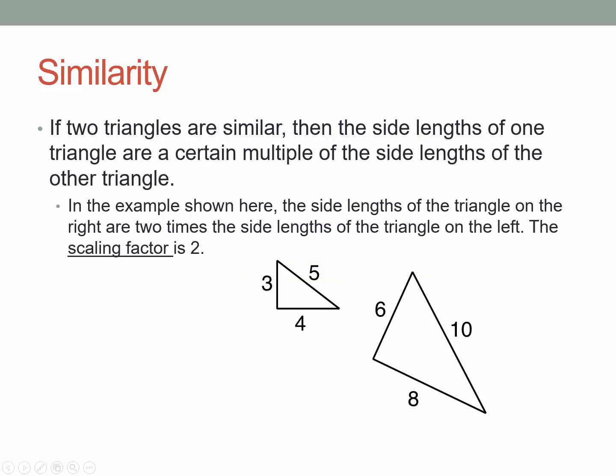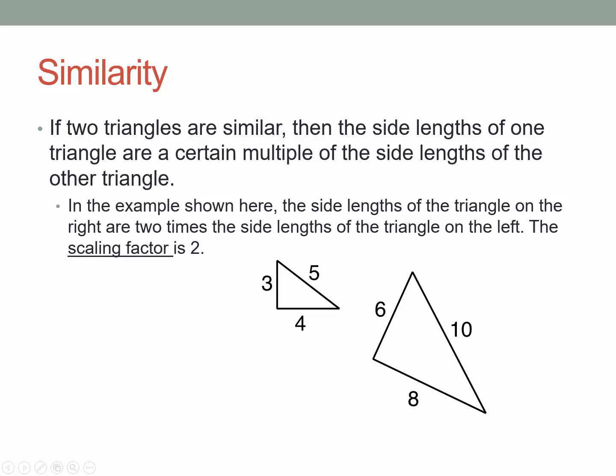If two triangles are similar, as we've said, then the side lengths of one triangle are a certain multiple of the side lengths of the other triangle. I've given you a little example down below, deliberately so that you can see it doesn't matter how they're positioned or how they're oriented, these two are similar triangles.